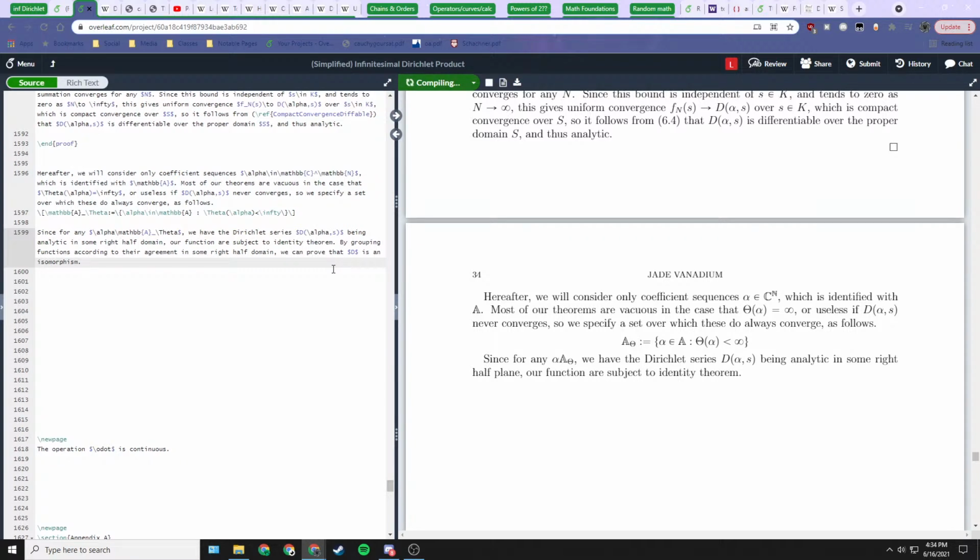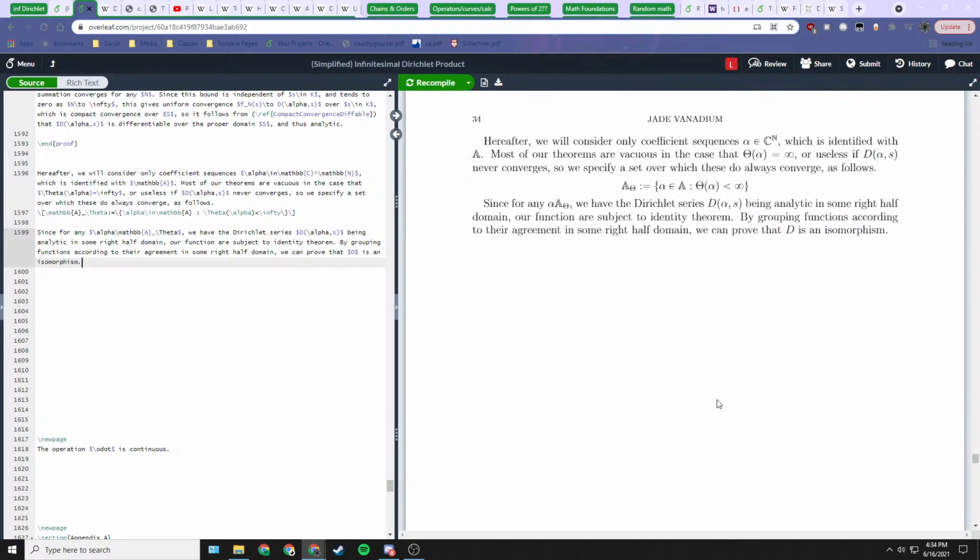Okay, so we want to make this a little rigorous. Essentially what we're trying to do is show that D is an isomorphism in the context of the identity theorem. We're going to show that if we multiply two Dirichlet series, it's the same as convolving their coefficients, and if we add two Dirichlet series, it's the same as adding their coefficients.